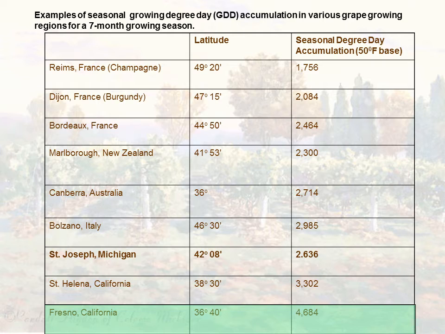So we have bracketed the mid-range of growing degree days with 3 areas that have relatively low growing degree days, and this one higher, much higher than average.